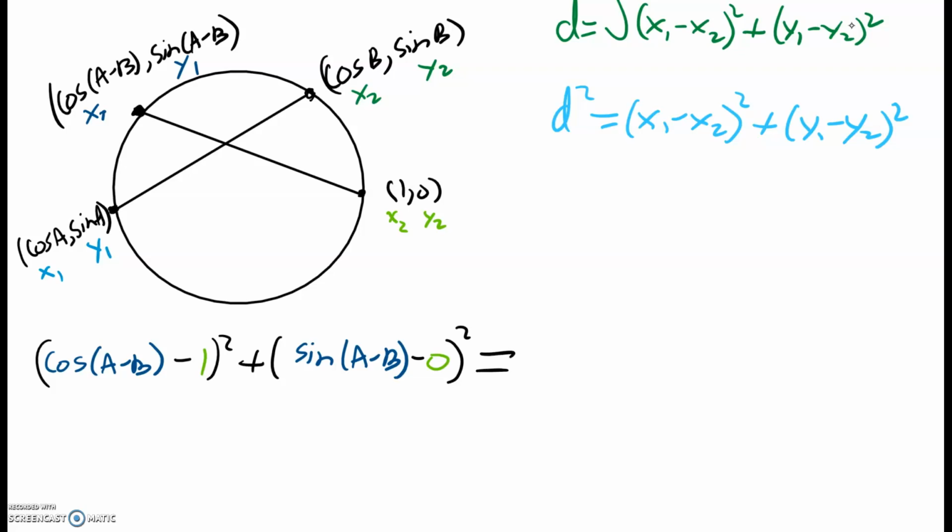So that represents basically, like we talked about before, this chord over here. That represents the length of that chord. And now we're going to represent the length of the other chord, which is going this way.